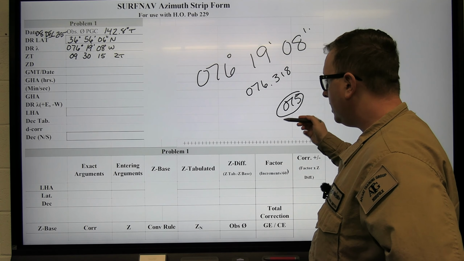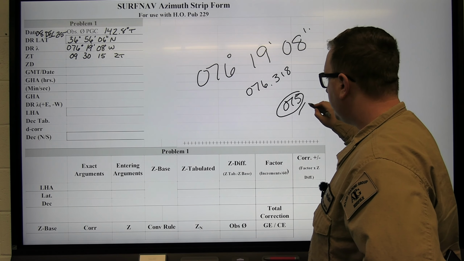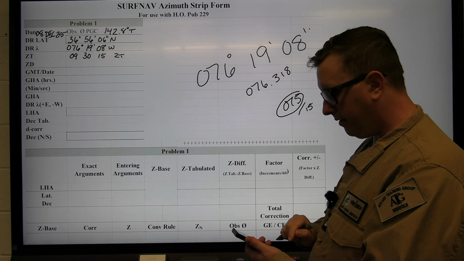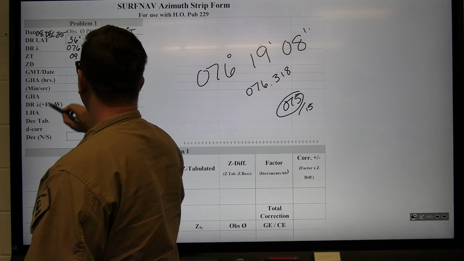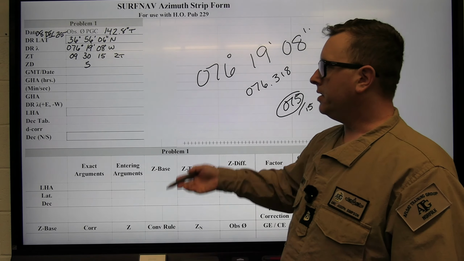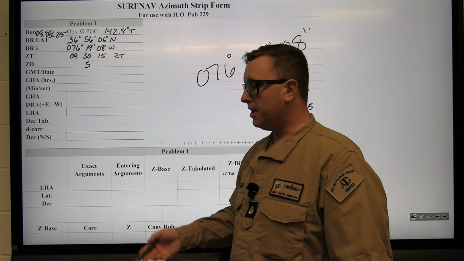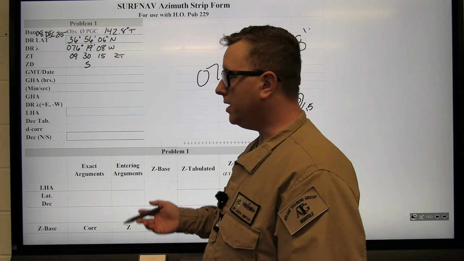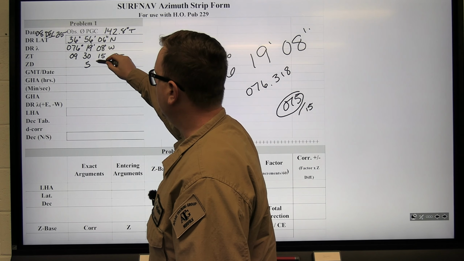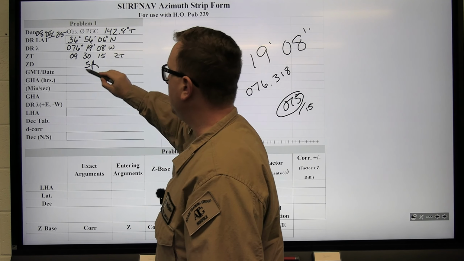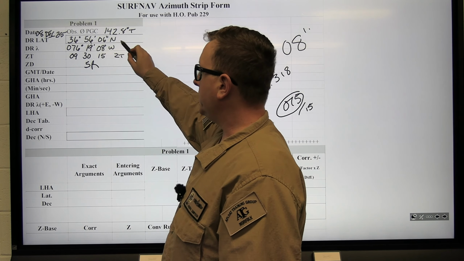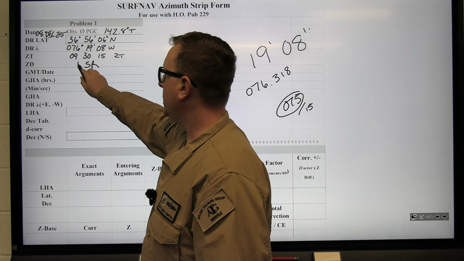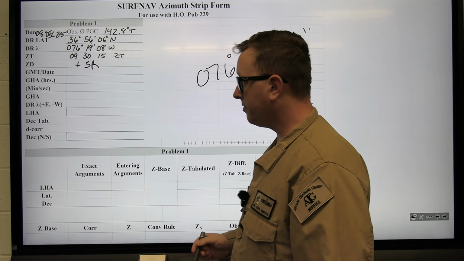So we're going to take that and divide by 15, which gives 5. So our zone description is 5. Now, you don't necessarily need the letter designation for this, but I know we're in Romeo, because I live here and we're in the Western Hemisphere, making this a positive value.